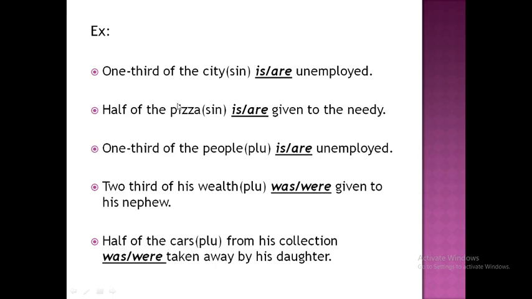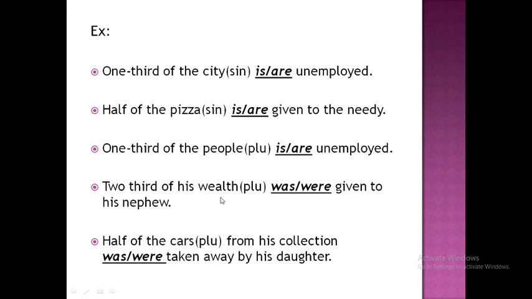Exactly in the same way, in the second sentence, pizza is given, which is in singular form, and a particular part of the pizza is discussed in the phrase at the place of subject. In the third one, people, which is in plural form, and 1/3 of the people are discussed, meaning the subject is placed with the people with its 1/3 part.